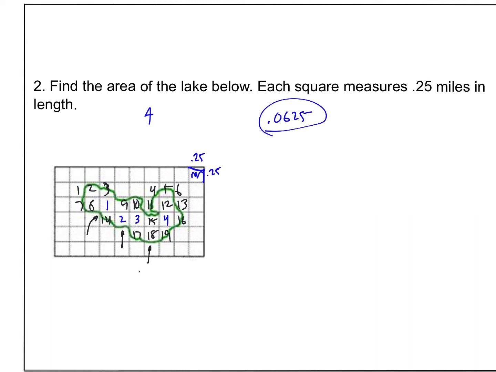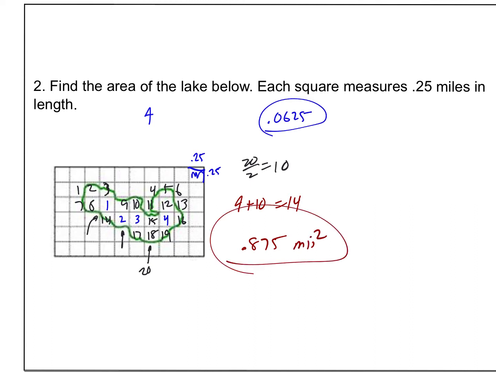And I'll throw that one in there, 20, just because it dips in a little bit. So I'll take 20 divided by 2, and that's 10. Then my total is 4 plus 10, so 14, times 0.0625. So that's 0.875. So how big is this lake?